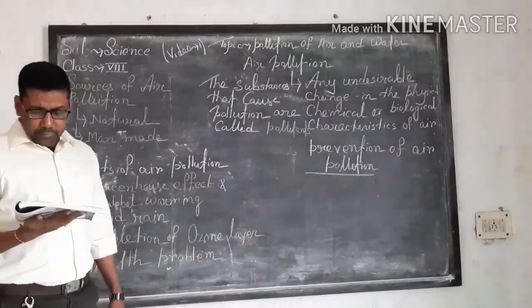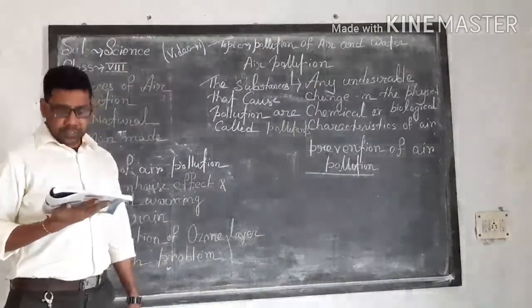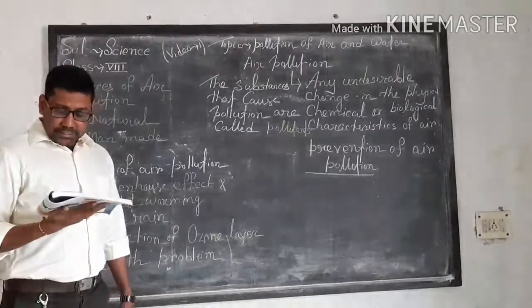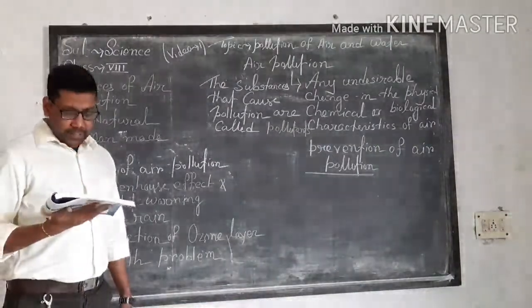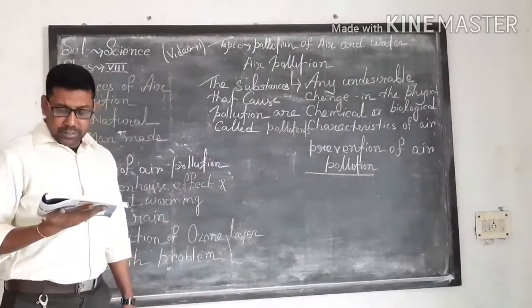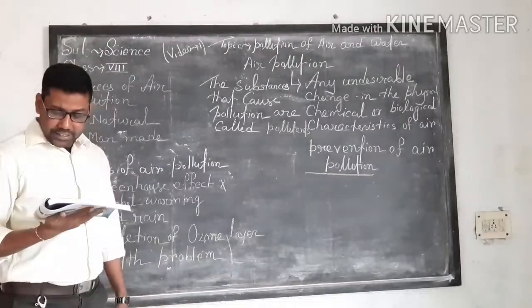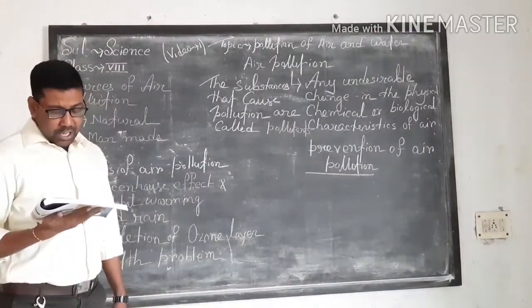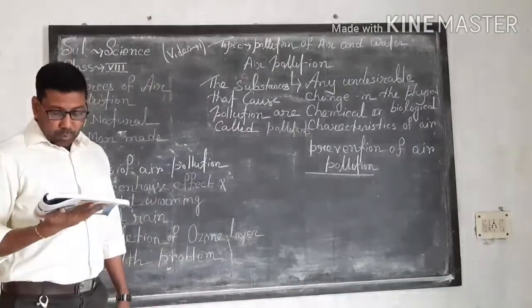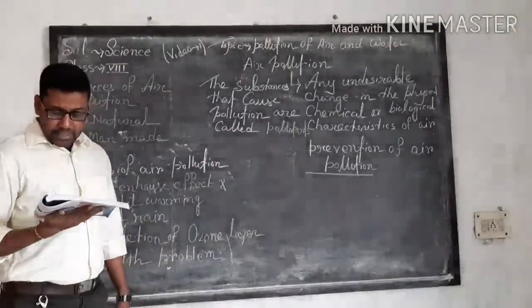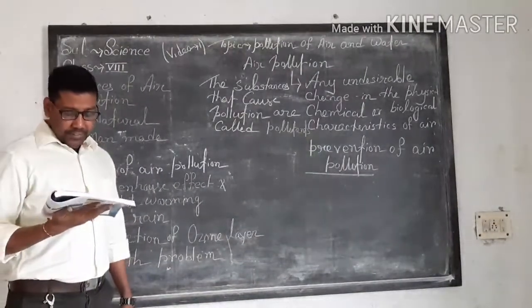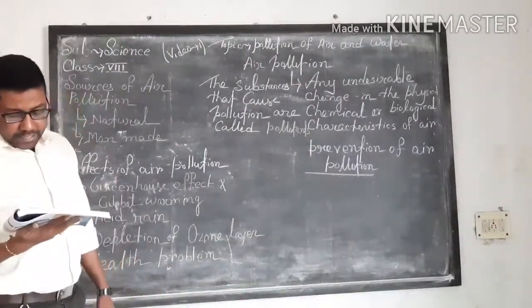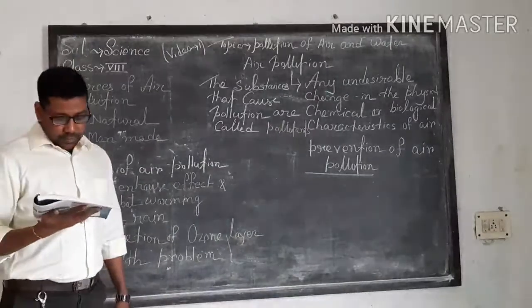Long time exposure to smoke can cause heart related problems. The third one, the suspended particulate matter present in air, can cause irritation in the eyes, nose and throat, and it can also cause respiratory problems like asthma, bronchitis and lung cancer.